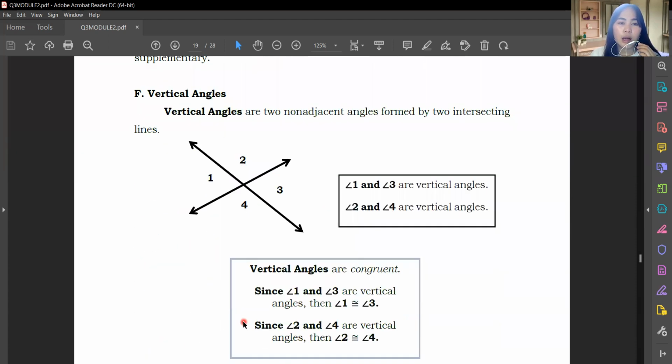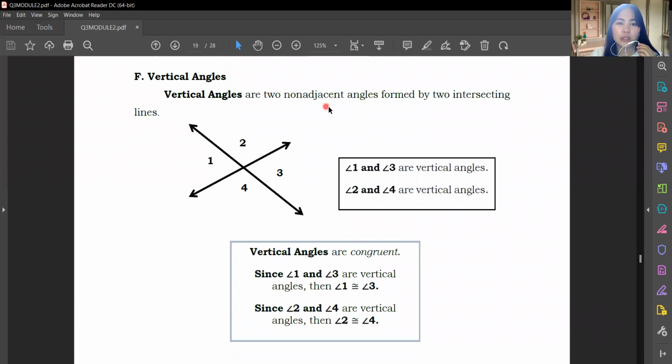Now, vertical angles are two non-adjacent angles formed by two intersecting lines. Non-adjacent angles mean they have no common vertex and common side. So here, angle 1 and angle 3 are vertical angles. Angle 2 and angle 4 are vertical angles because these angles are formed by two intersecting lines.